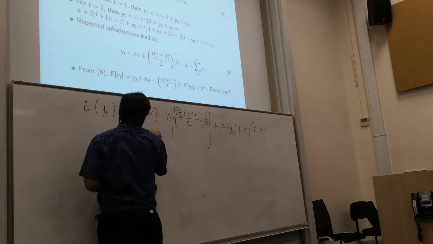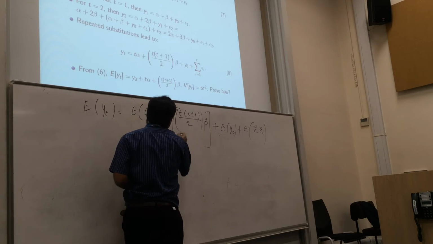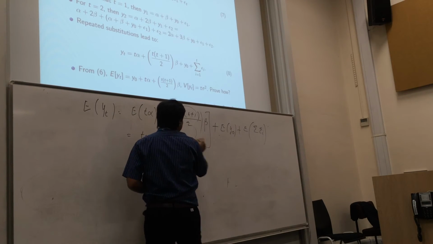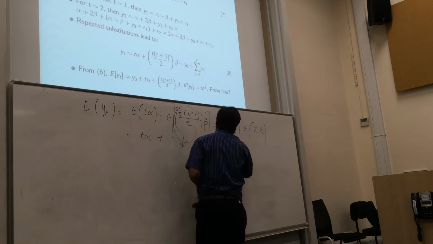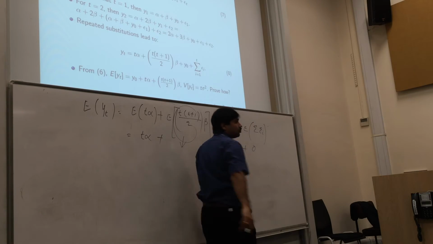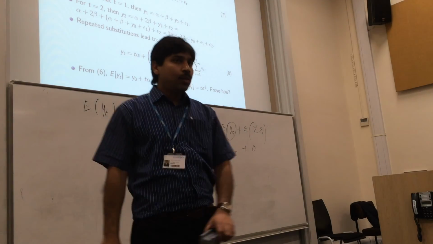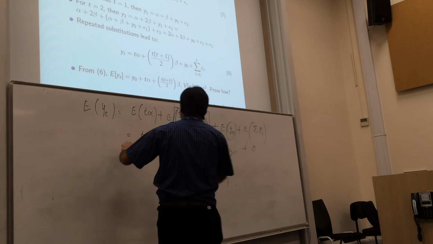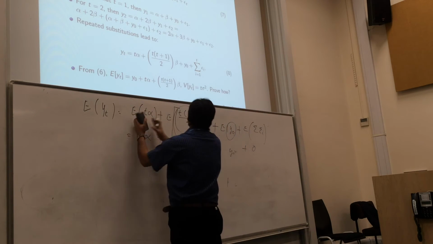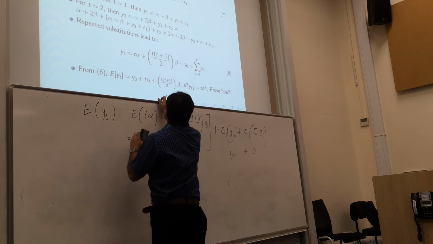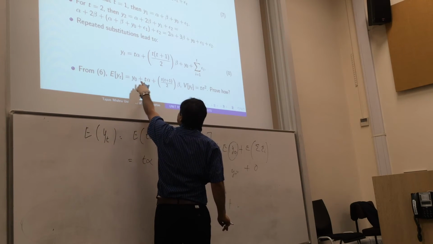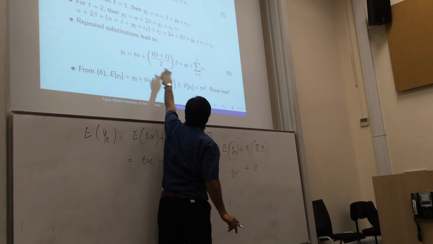This is a constant, the same thing here, constant, and this one by the assumption of the classical regression is 0. So expectation of yt equals y0 plus t alpha and all these things.